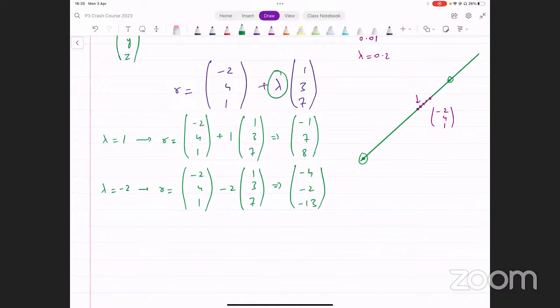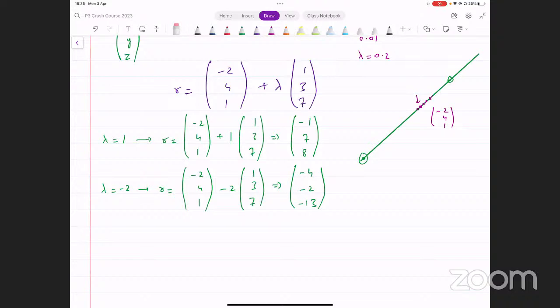We input different values of lambda to get different points on the line, and lambda is going to give us the values of X, Y, and Z. For instance, in this case, when we input lambda equal to 1, this is X, this is Y, this is Z. Okay. So that's the idea of the equation of a straight line in vector form.